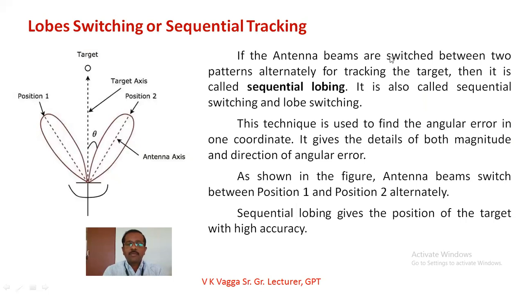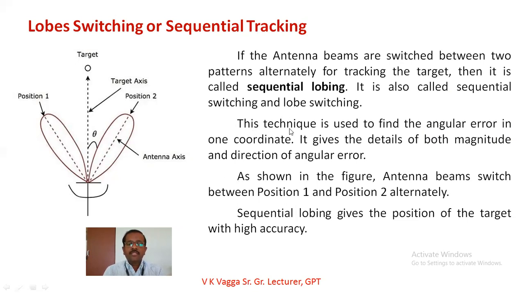If the antenna beams are switched alternately between two patterns while tracking the target, it is called sequential lobing. It is also called sequential switching and lobe switching. All give the same meaning.